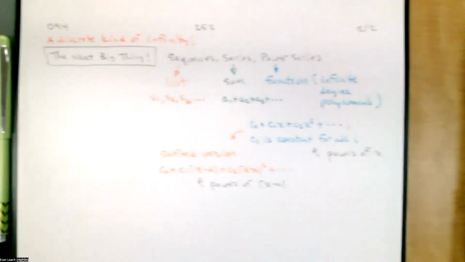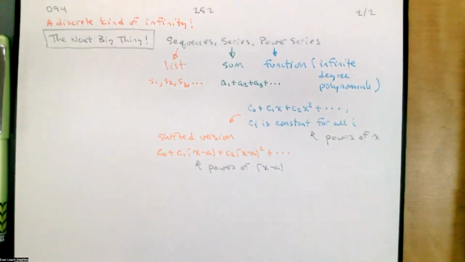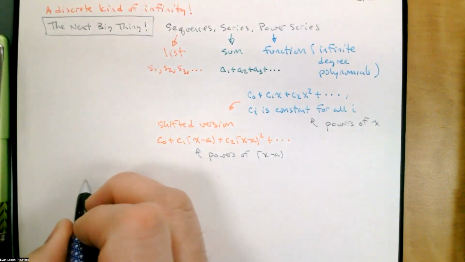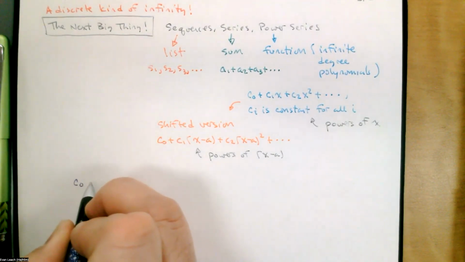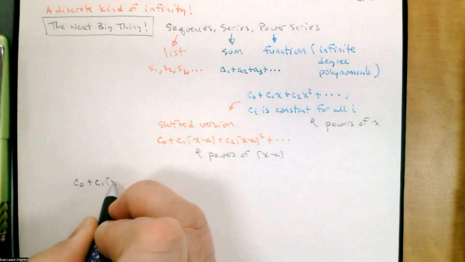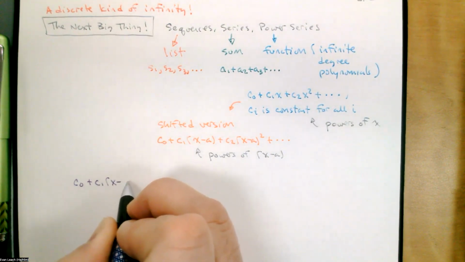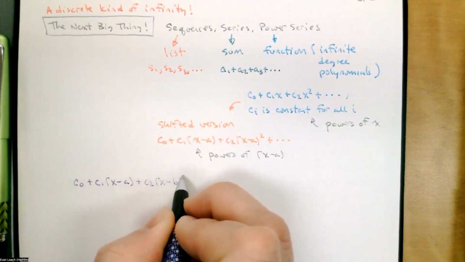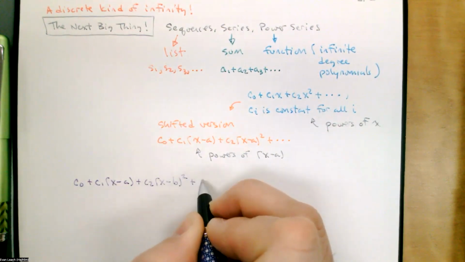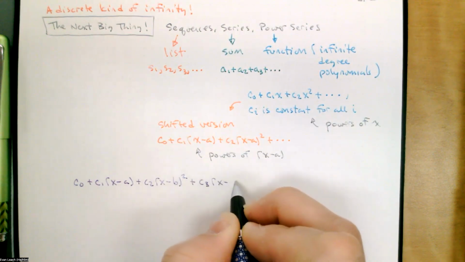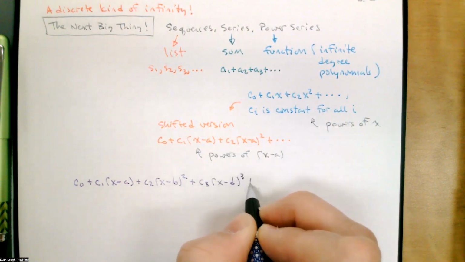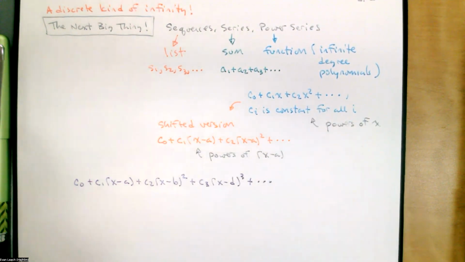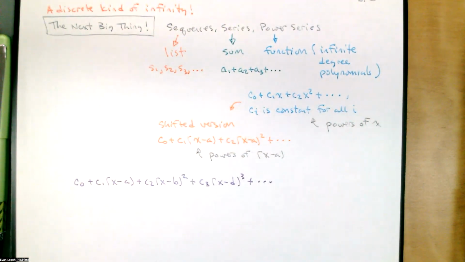So if I start writing a polynomial, this is not a power series, because all the variable parts look different.